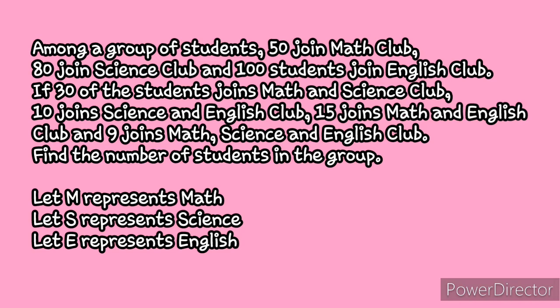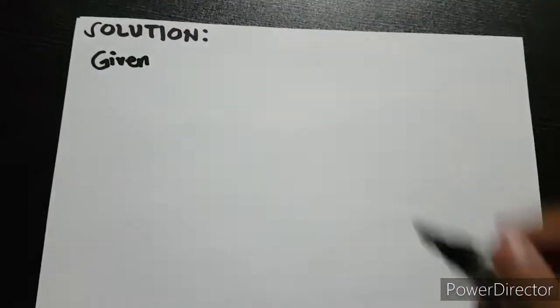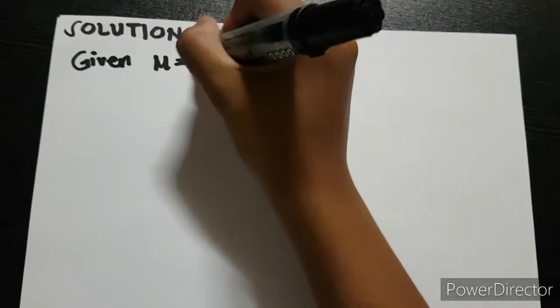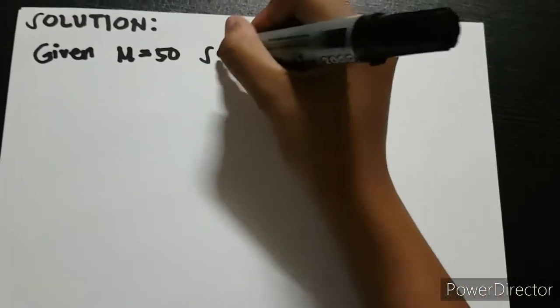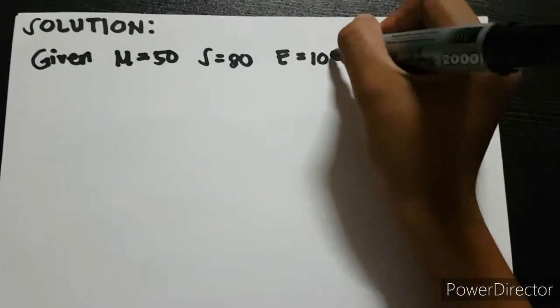Let M represent math, let S represent science, let E represent English. Let's try to solve the problem. The given is M equals 50. S, which is science, equals 80. And English, which is E, equals 100.